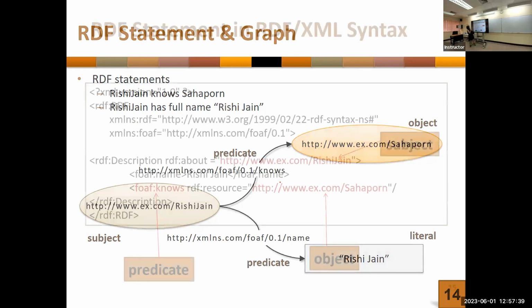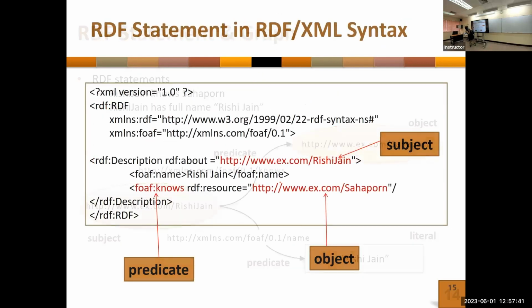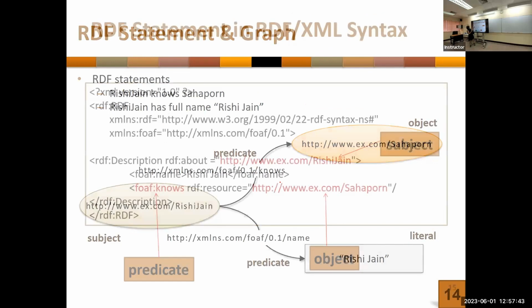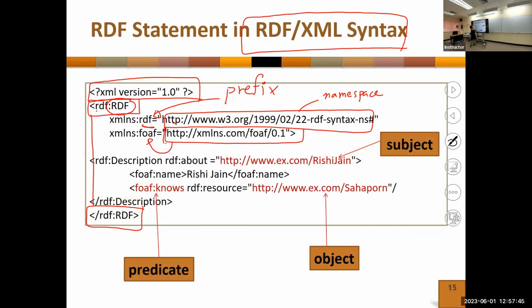Okay, so we can say that every time you just put this long namespace to be abbreviated by foaf, and then every time you say foaf colon name, it would mean foaf followed by that name, or foaf colon knows, so this is a prefix.